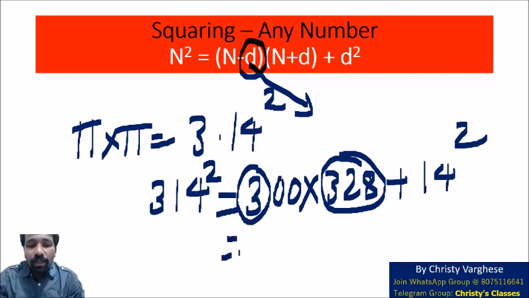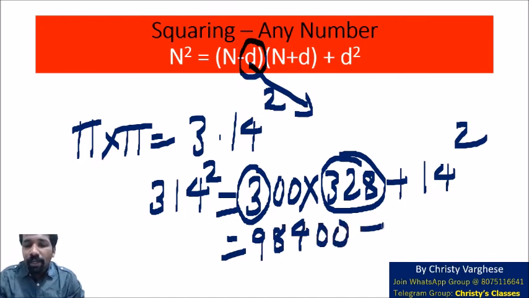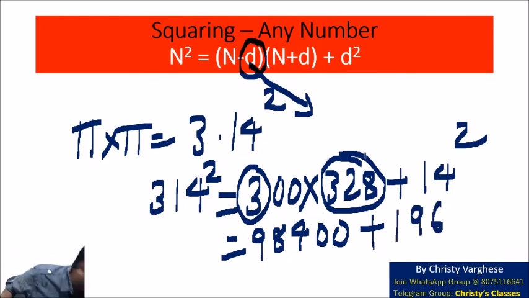So 328 into 3 is 984, so 98400. Plus 14 square. Now 14 square, if you directly know it is 196, write it down. If you don't know, you can use the technique we learned last class, how to find 14 square using the near to 10 method. 14 square is nothing but 10 into 18 plus 4 square itself.